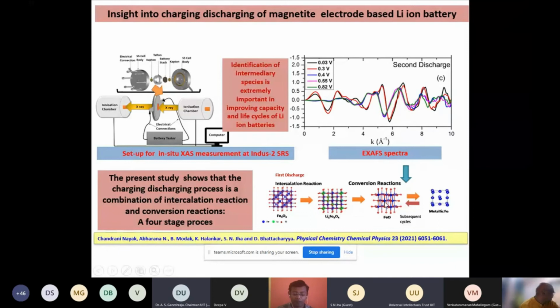So it starts from Fe3O4, then it is an intercalation reaction, then a conversion reaction gives FeO, and in subsequent cycles it gets to metallic iron. See, the details are given in this recently published paper in PCCP.